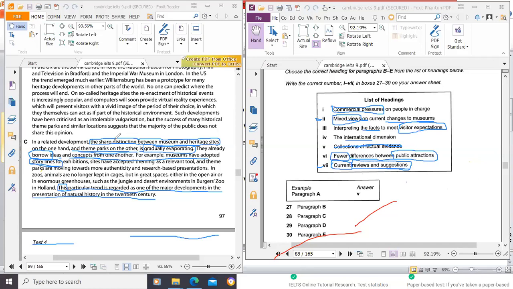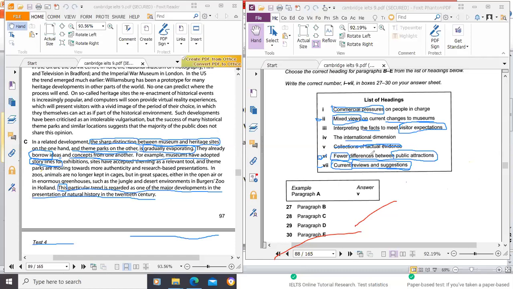Now, we have agreed that the sharp distinction, the difference between heritage sites and theme parks, is gradually disappearing. So, which one corresponds to that? Number 6.